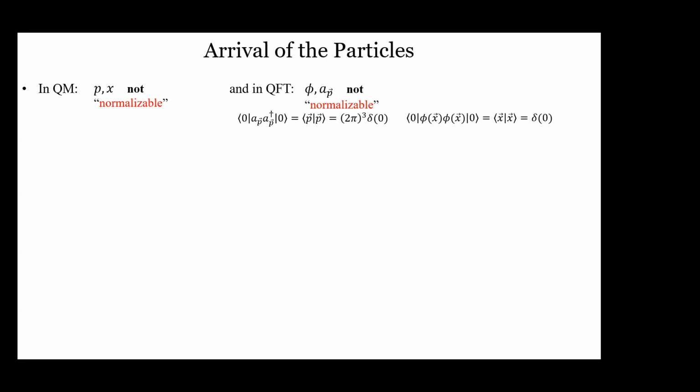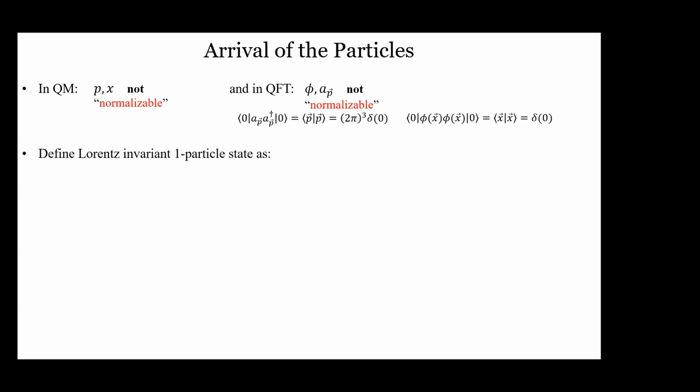So you see delta 0, delta 0. So these blow up to infinity. So phi and P are not very nice things to normalize your field theory in.